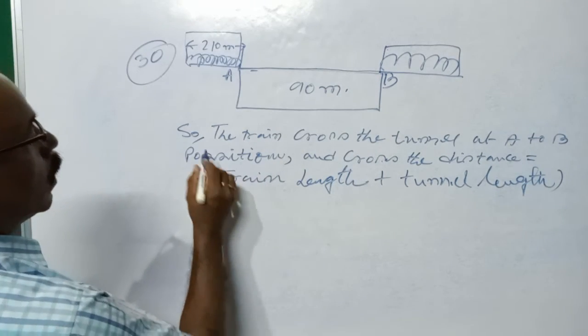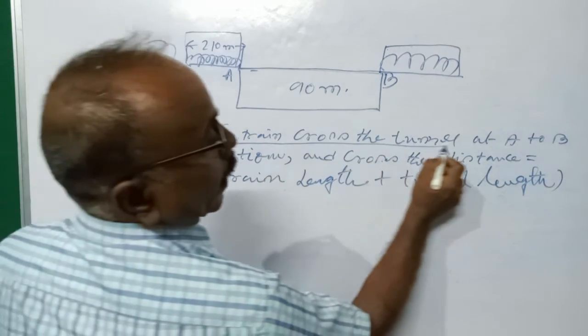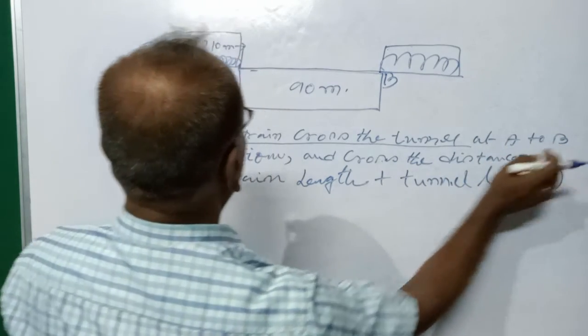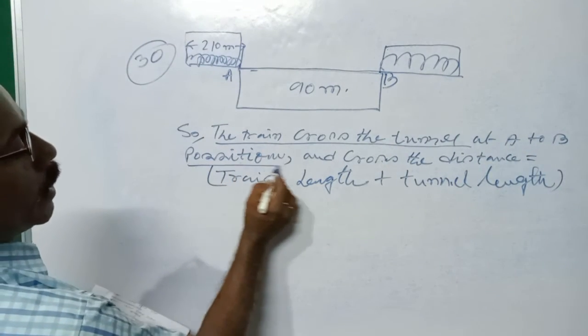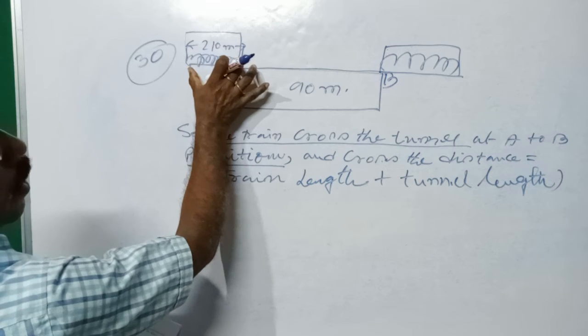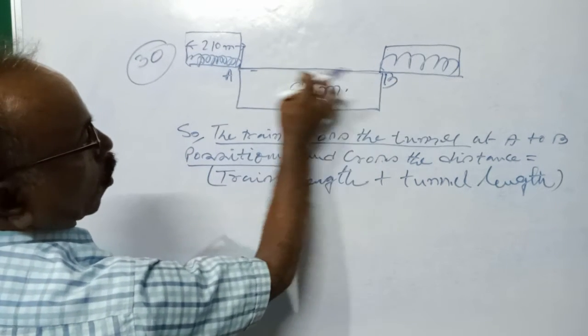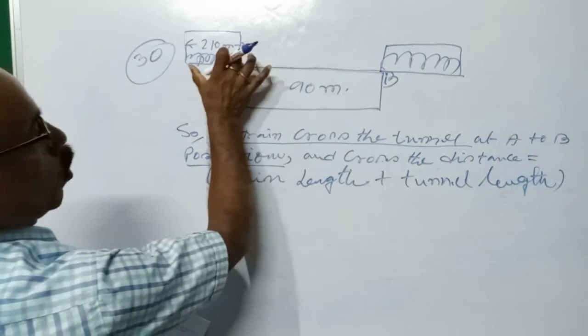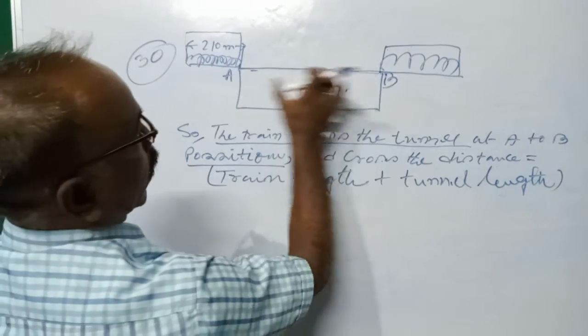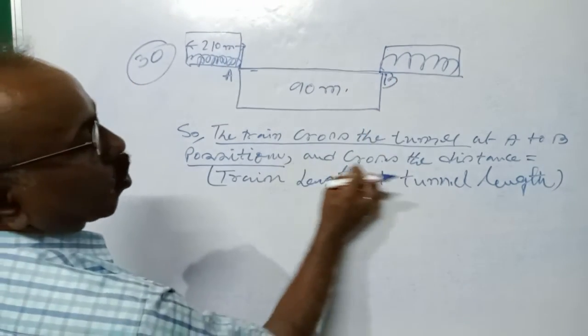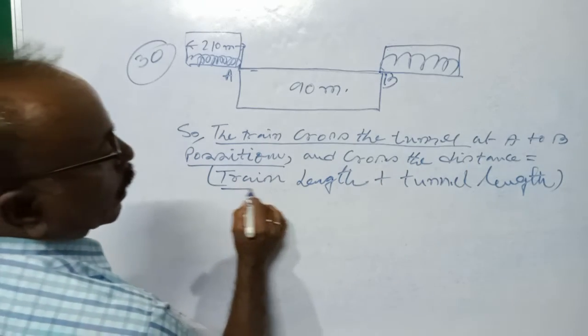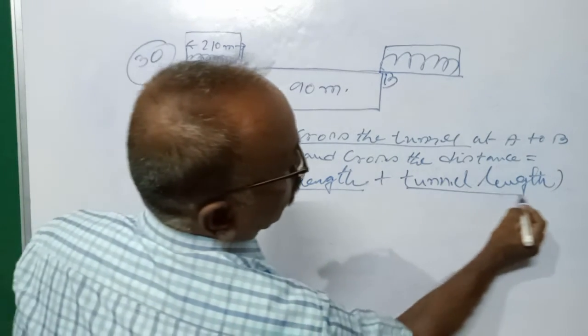My dear student, whenever the train travels the total AB tunnel, it also crosses a distance of train length plus tunnel length.